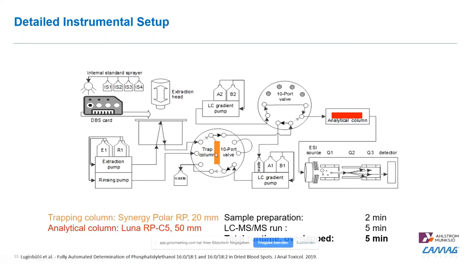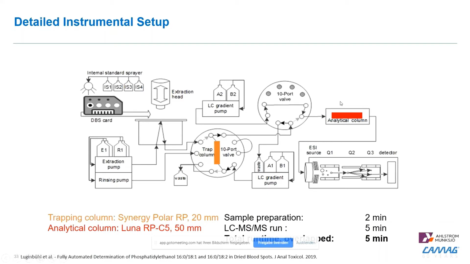Everything not interacting with this trapping column is directed to the waste. Afterwards, we further flush the trapping column a bit and then direct the flow onto the analytical column by flushing the column backwards. And onto the analytical column, once the compounds are there, separation takes place.